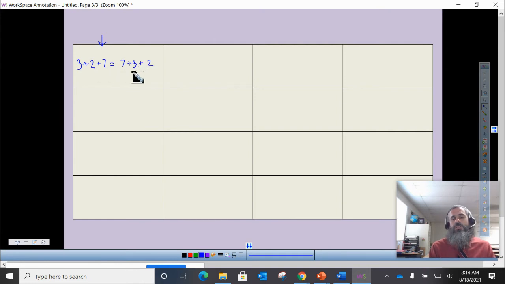So I can change the order if everything is added.